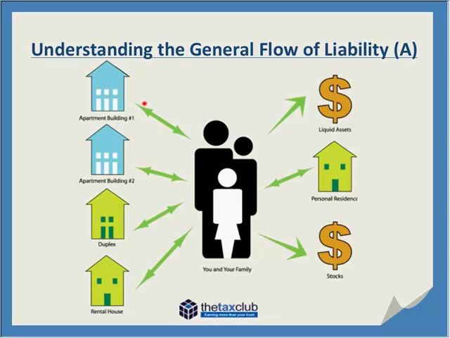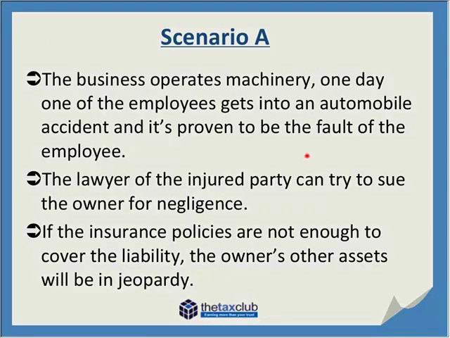If it's been determined that the injuries were more than what the liability insurance is able to cover, and that's not enough to compensate them, then the other assets will be in jeopardy. So let me give you a better example.